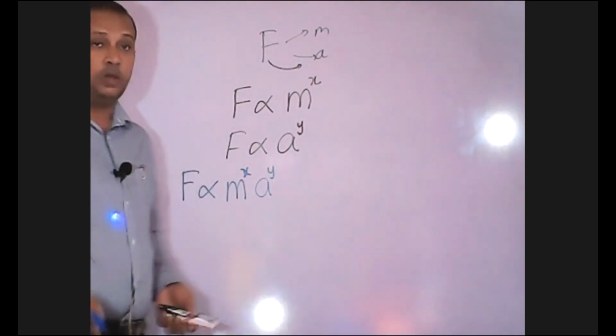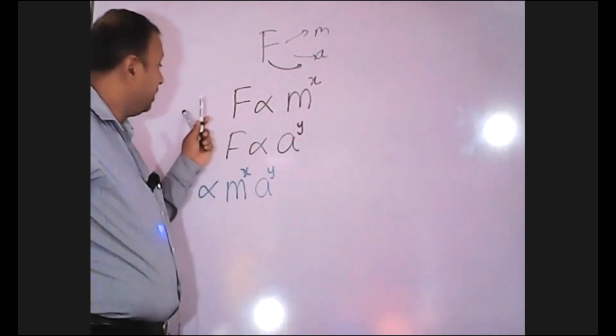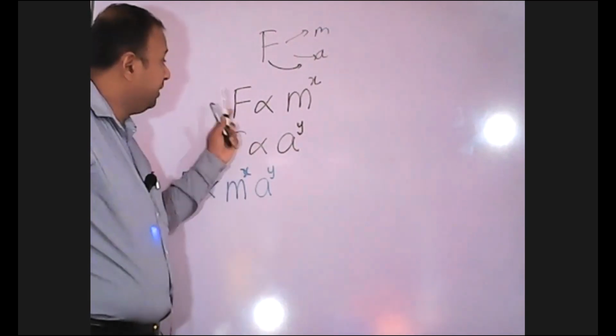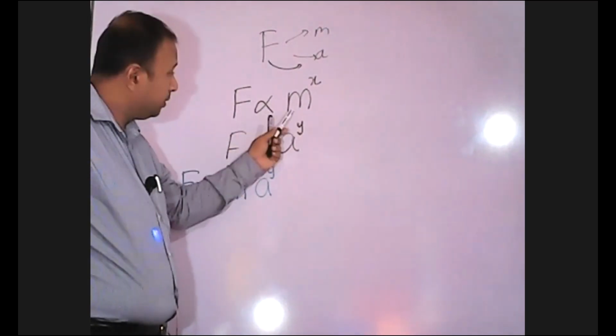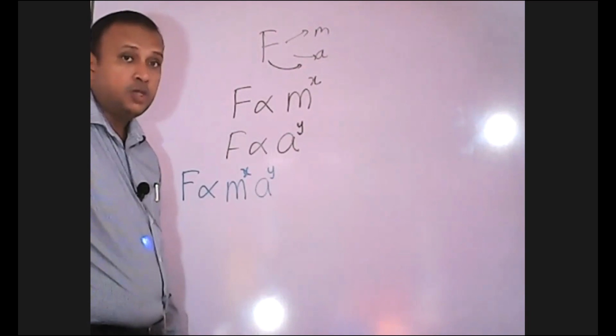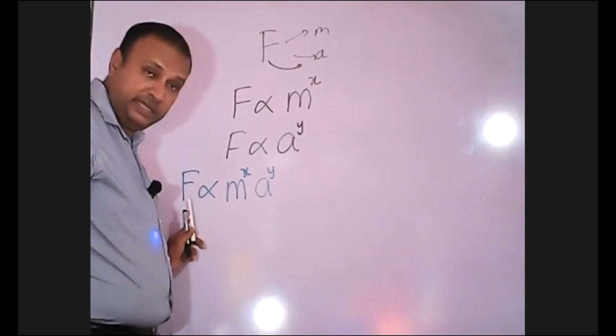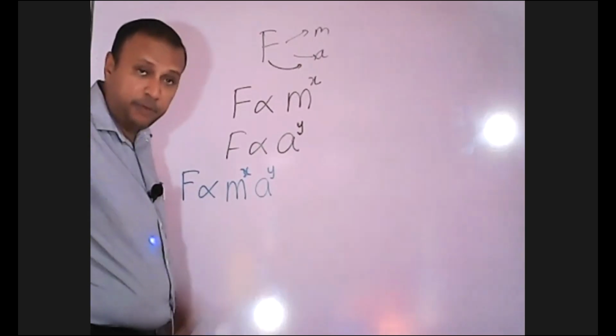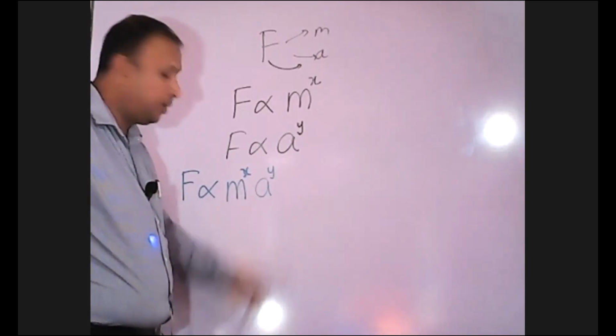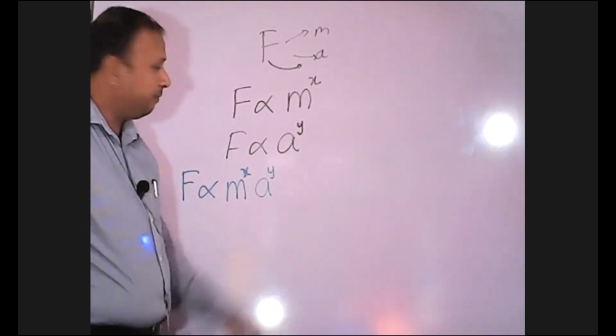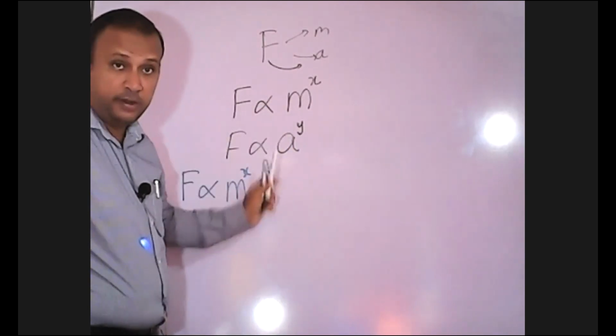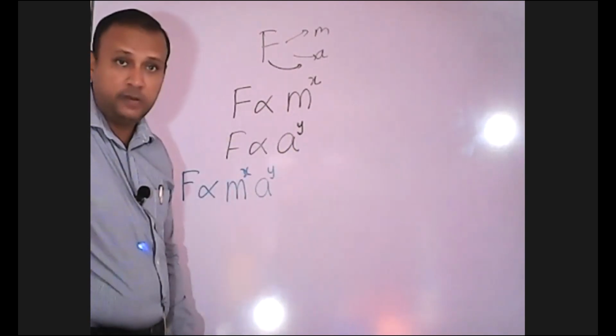So if any physical quantity is directly proportional to two other physical quantities separately, that physical quantity will be directly proportional to the product of those two physical quantities. මෙයාලා වෙන වෙනම directly proportional වෙනවා නම් එයාගේ product එකටත් මෙයා directly proportional වෙනවා.